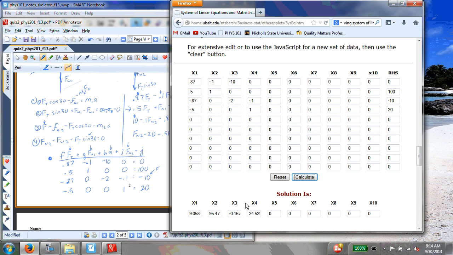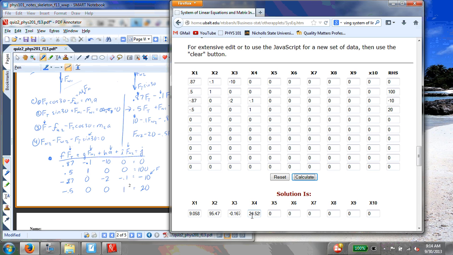It finds the answers for all these. So for example, here I have x1, that's my Ft, which is 9.058. Here I have x2, which is 95.47, x3, which is the acceleration, negative 0.167, and then x4, which is 24.52.